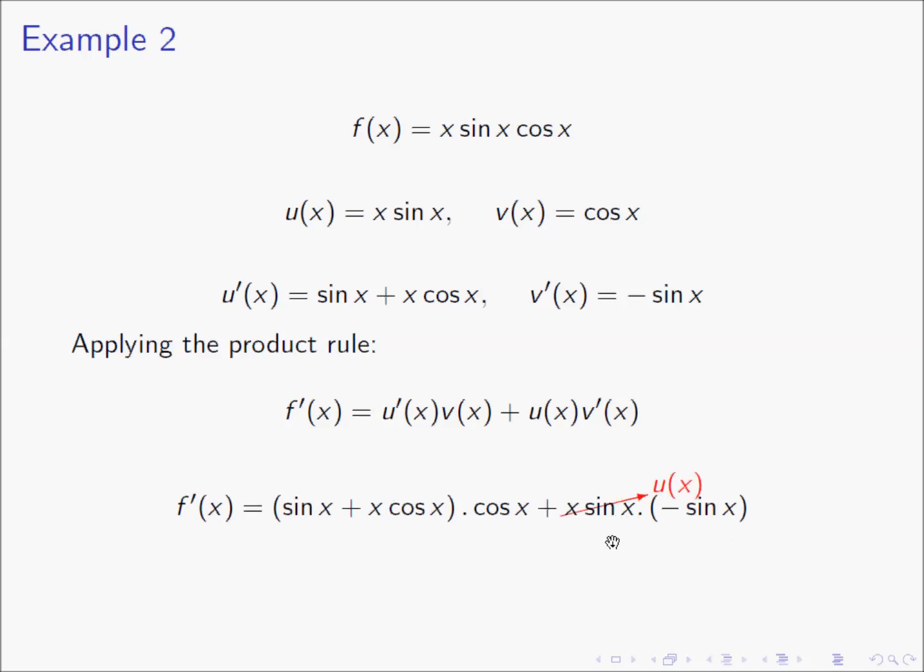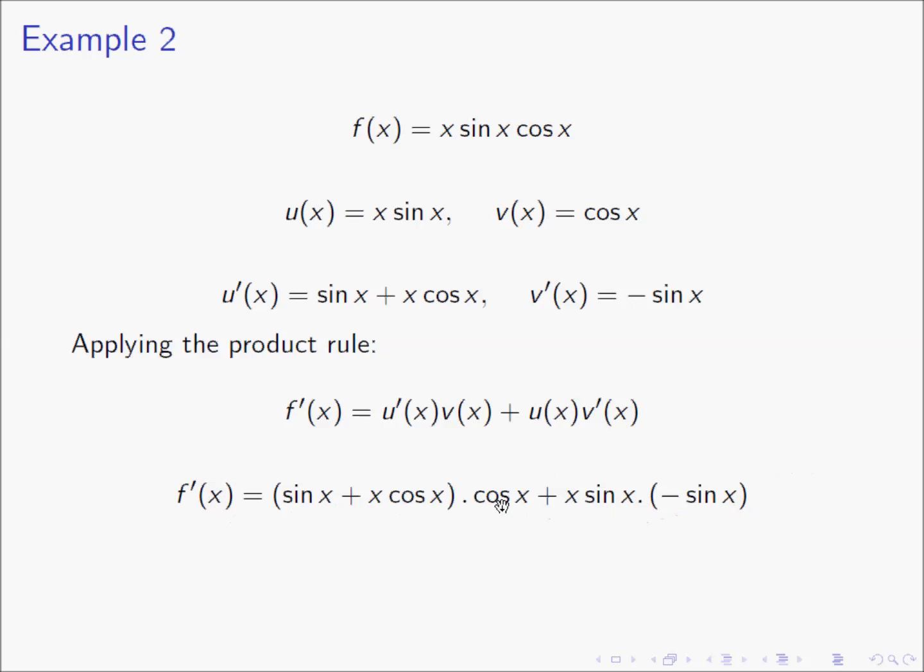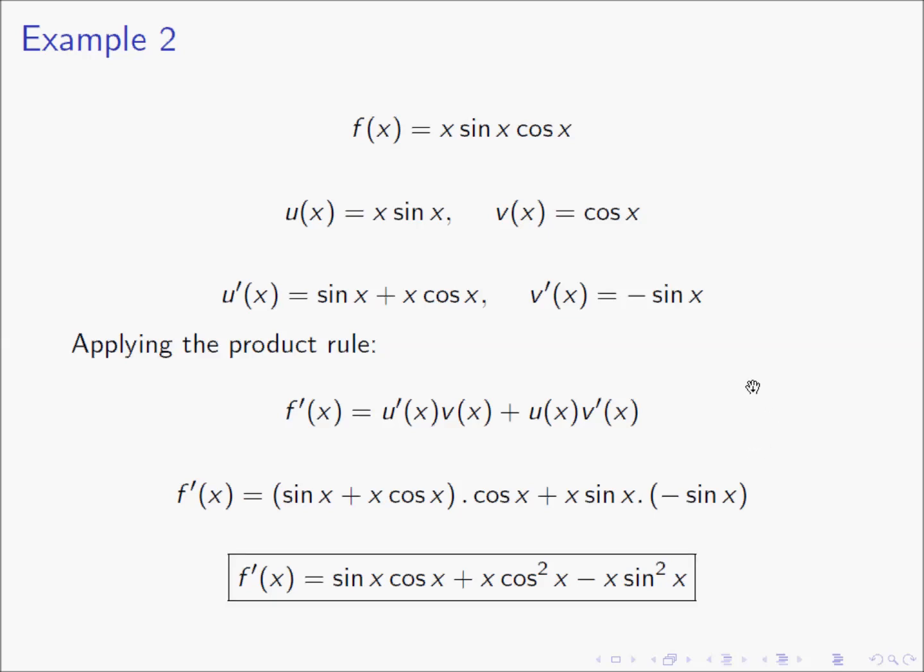Here x sine of x is u of x, and minus sine of x is v prime of x. And we can write this as sine of x times cosine of x plus x cosine square of x minus x sine square of x. And this is our answer.